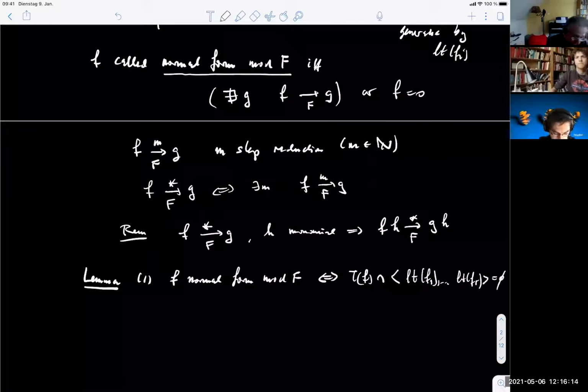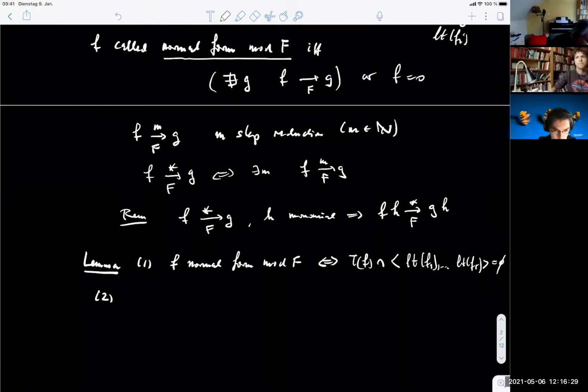So this is empty. In the monomial ideal generated by the leading terms of the fi, I can't find a term of f. So this means normal form. Then actually I proved this already. This is already clear.